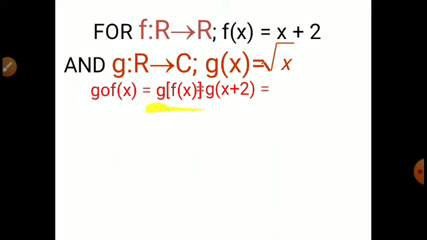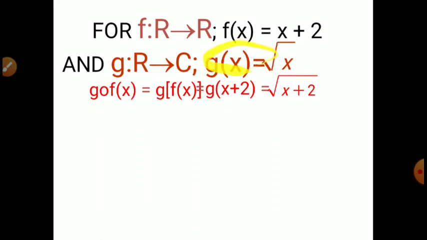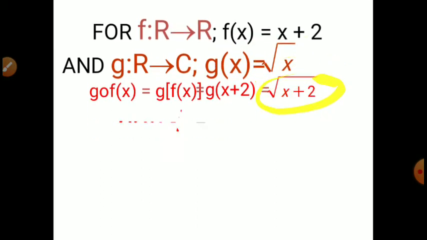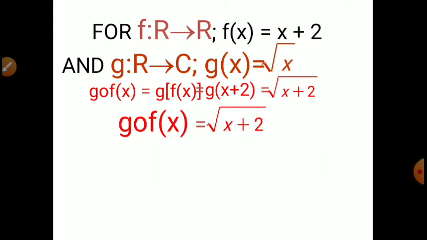See here, g of f of x is equal to g of, as f of x is equal to x plus 2, this x plus 2 will come in the place of f of x. So this is equal to g of x plus 2. But g of x is equal to root x, so this is equal to root of x plus 2. So g of f of x is equal to the square root of x plus 2.